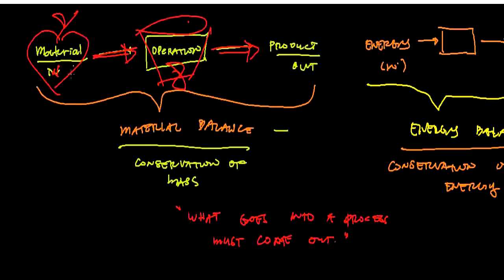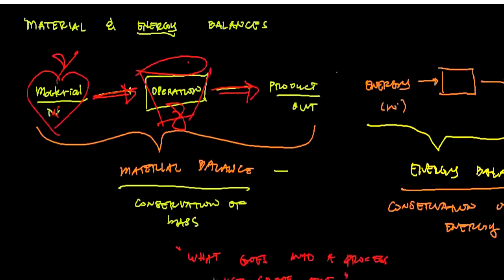Basically, the quantity of material going into the process must be equal to the material at this point, the product, that is going out after that process.